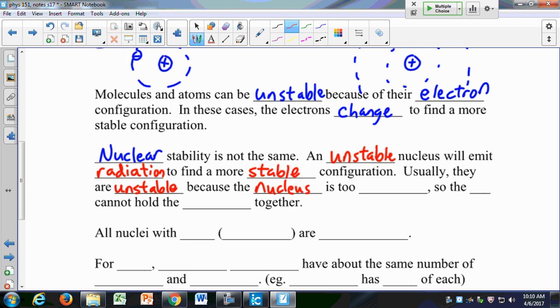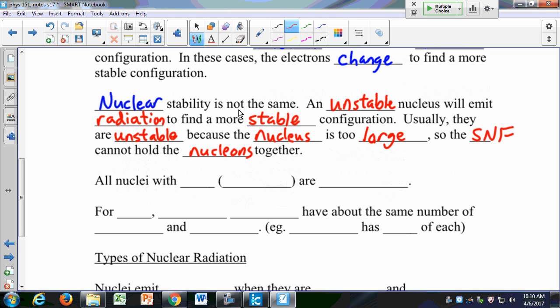And if your nucleus gets too big, then that strong nuclear force isn't big enough, it doesn't act over such a long distance, to hold that nucleus together. So when this happens, the strong nuclear force can't hold the nucleons together. All nuclei with an atomic number bigger than 82, that means 82 protons, and by the way, that's lead, Z equals 82, all of those that are bigger than Z equals 82 are unstable, just because their nuclei get too big.